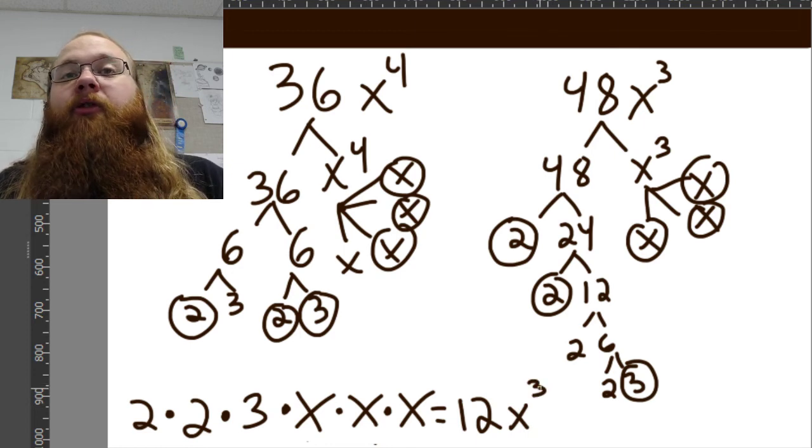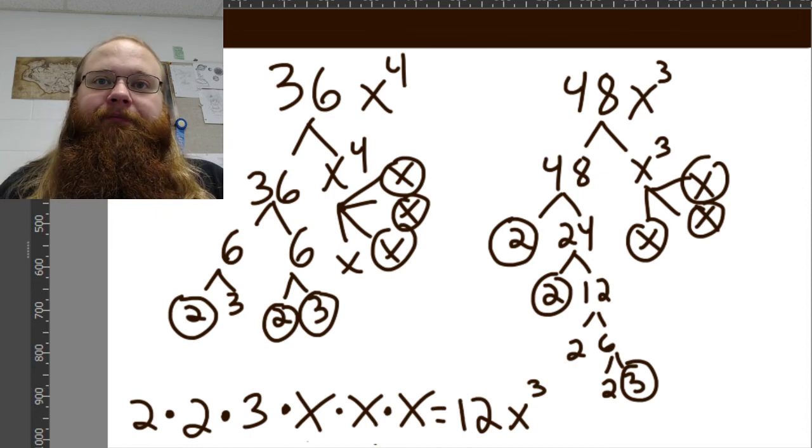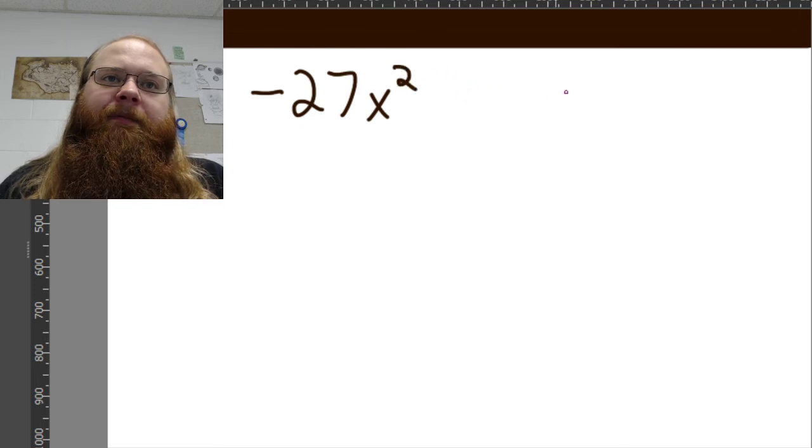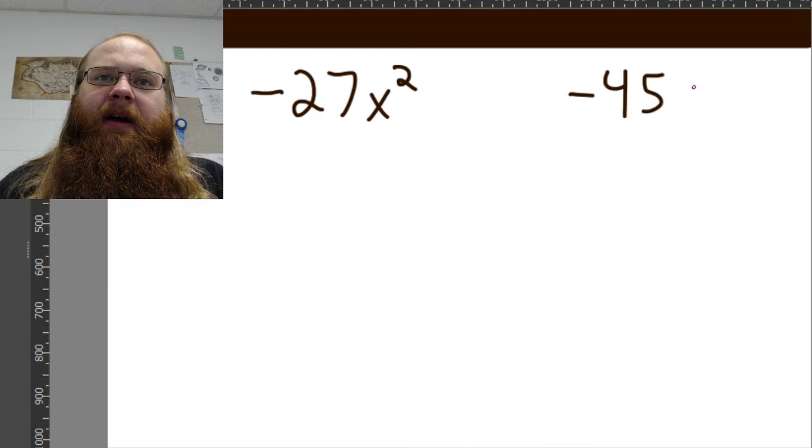Now, let's go ahead and try one with negatives involved. So, let's do negative 27x squared and negative 45x cubed.